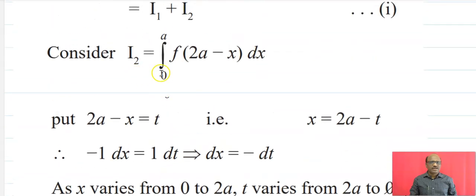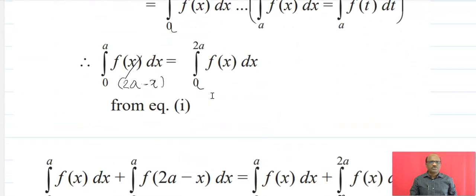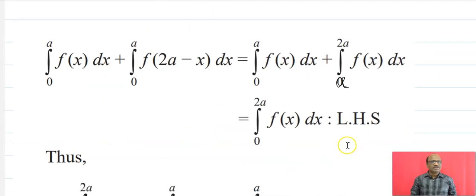This is our I2, 0 to a f of 2a minus x. The value of this I2 is equal to a to 2a f of x dx, and therefore this is I1 and this is I2. That is, 0 to a f of x dx is equal to 0 to a f of 2a minus x dx is equal to 0 to a f of x dx plus 0 to 2a f of x dx.